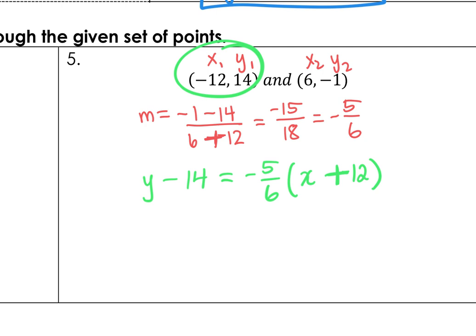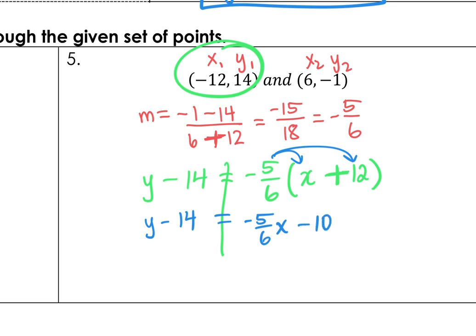All right, and then now we're just going to simplify and get that in y equals mx plus b. So we're going to go ahead and distribute. So I'm just going to bring down the y minus 14. When I distribute first, I get negative 5 over 6x. And then that's going to be minus 10.